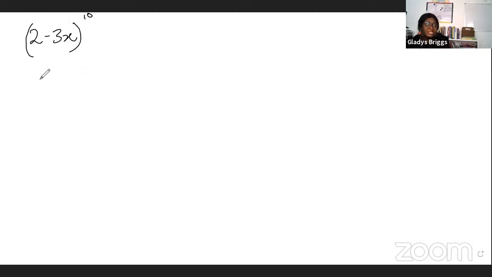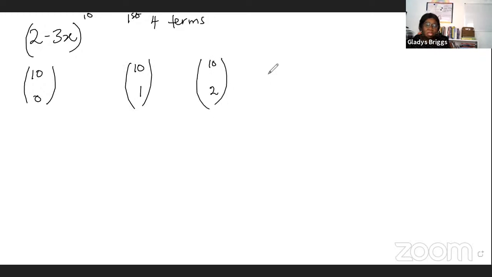Okay, so we started with the expansion and we wanted to do the first 4 terms. So we did 10 choose 0, and we did 10 choose 1, and we did 10 choose 2, and we did 10 choose 3, yeah?